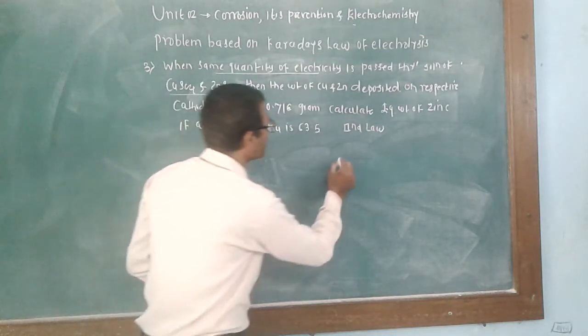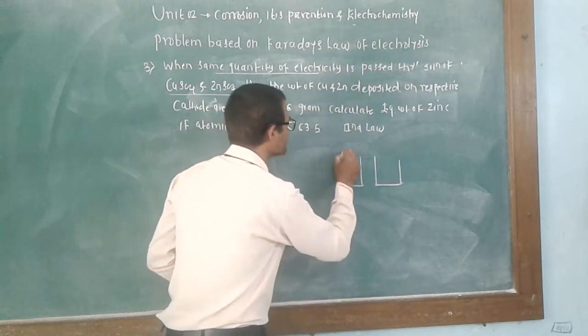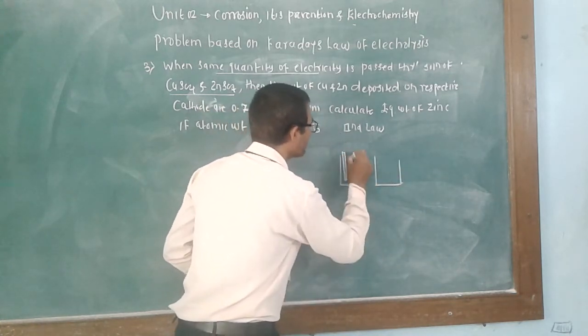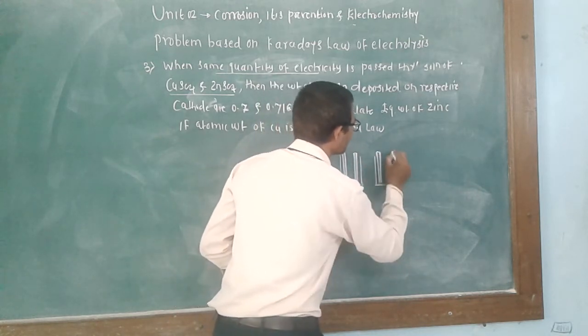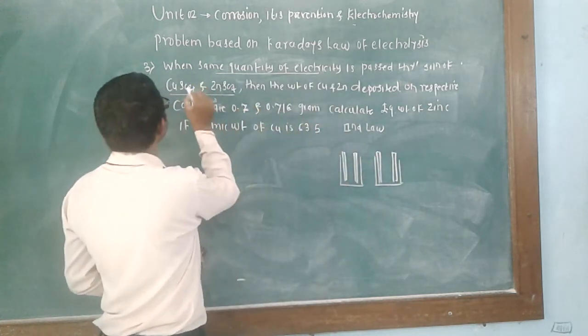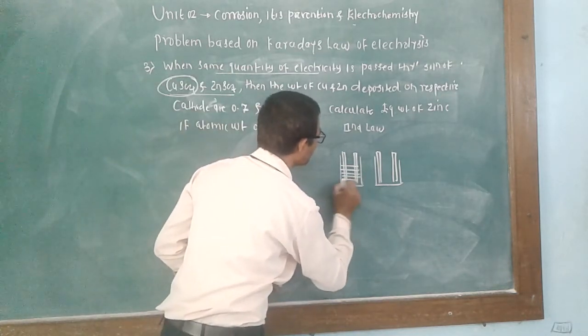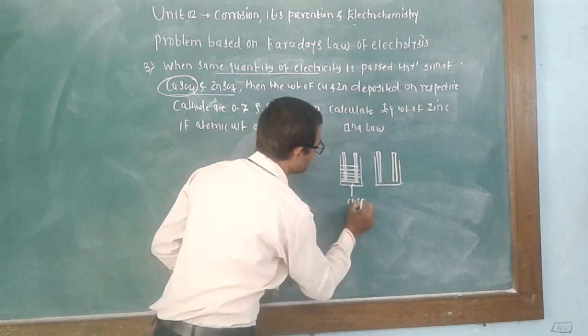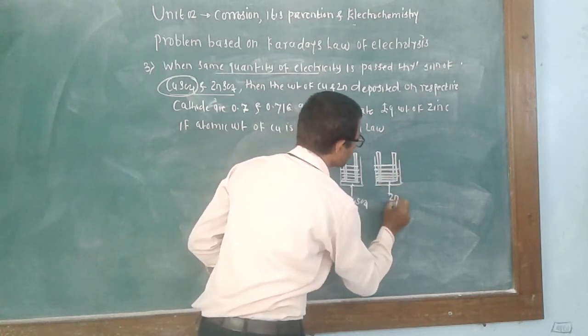Okay, so we have two electrolytic cells, with an electrode here and an electrode here. The first electrolytic cell contains copper sulfate. The second contains zinc sulfate.